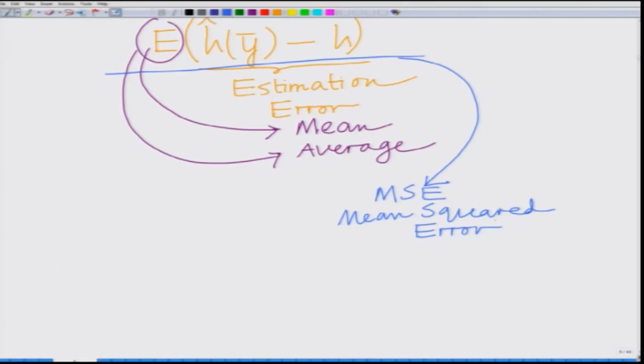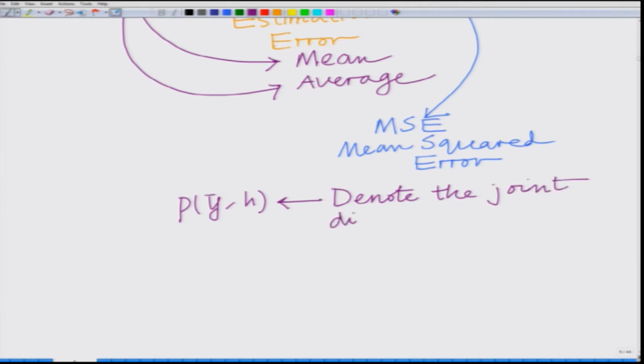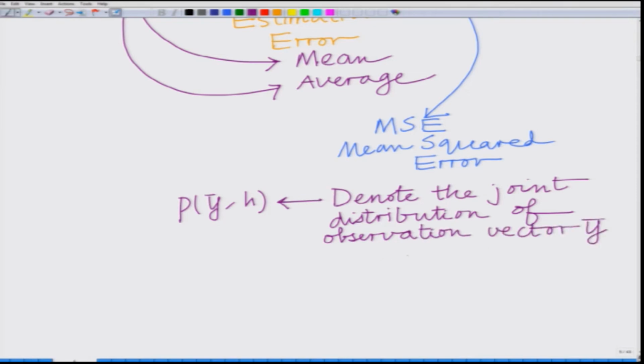So, now let P of y bar comma h denote the joint distribution of the observation vector y bar and your parameter h.